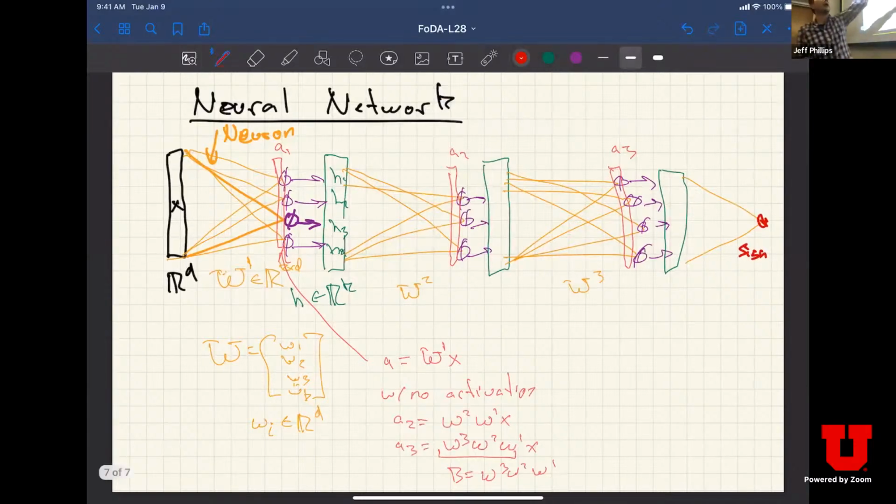So at the very end, I get an output and I take the sign, and that's my classifier. So at the end, I put a linear classifier on top of all this, but I chain these things together, right? And this non-linearity makes it more powerful than just stringing them together by themselves. That's why I need these activation functions here.